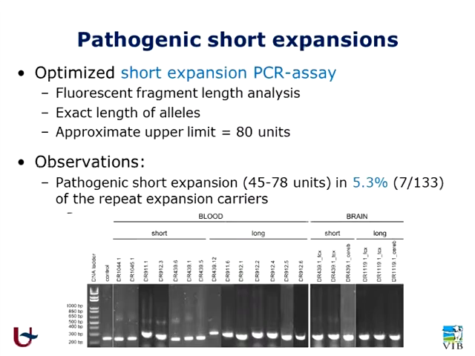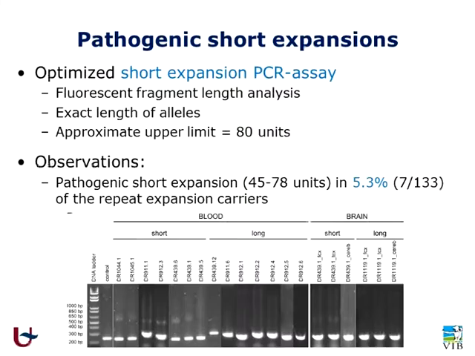So we designed an optimized short expansion PCR assay. With this, you can detect the exact length of alleles with an approximate upper limit of 80 units, so only repeats of less than 80 units are detected with this assay.